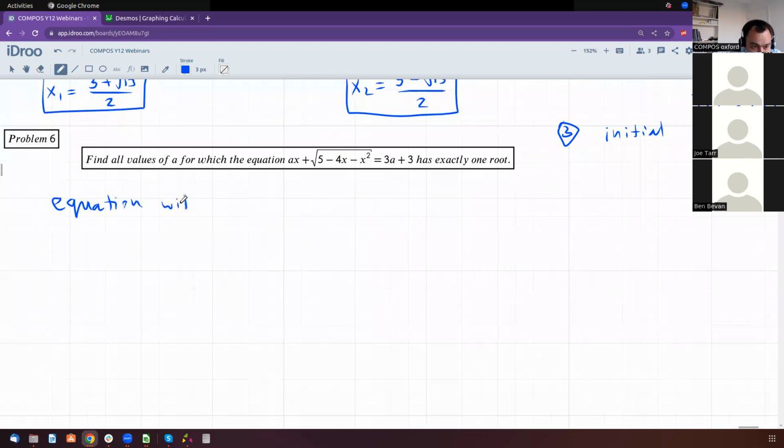A is the parameter. Find all values of A for which the equation has exactly one root. Okay, so what can we do about it?